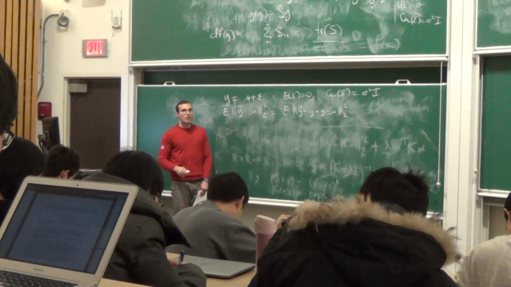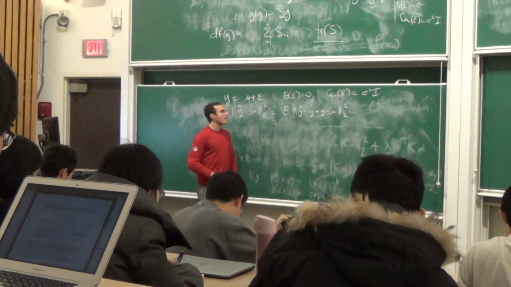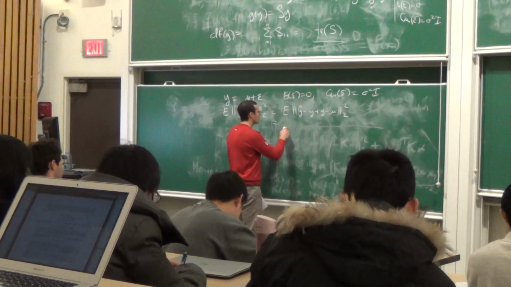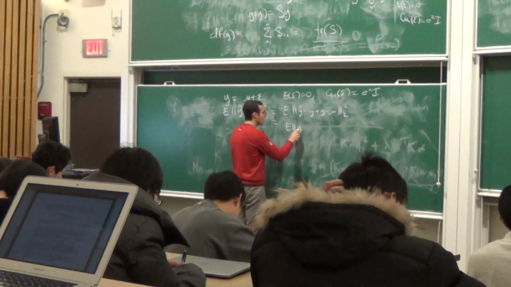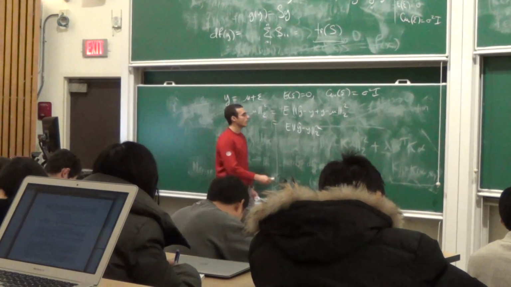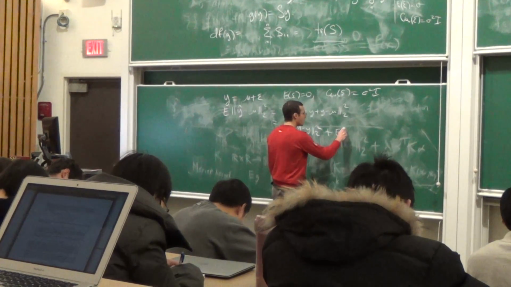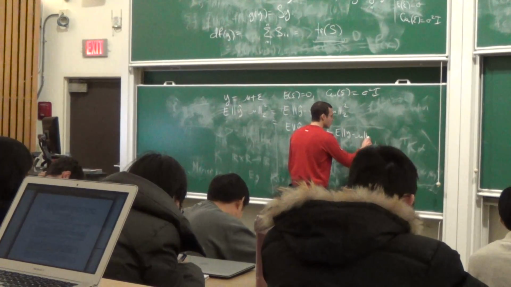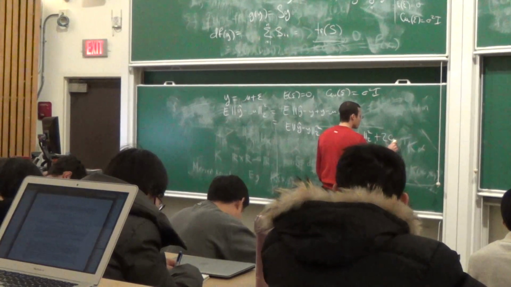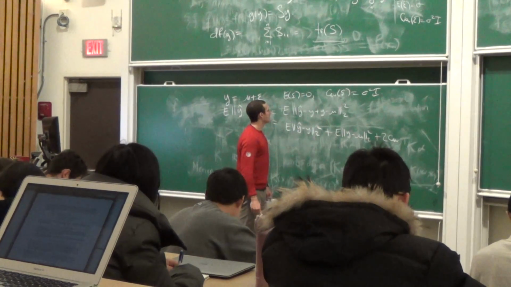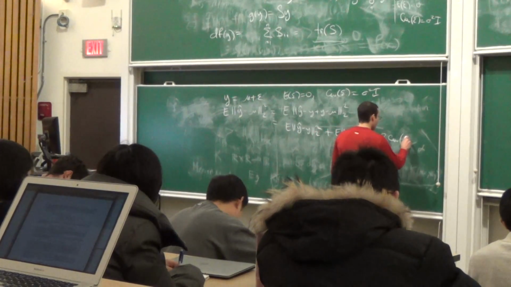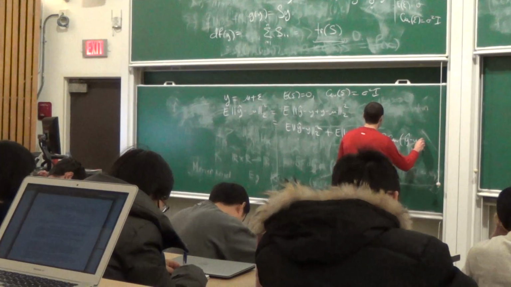I'll introduce y and subtract y. Then I get that it's the expected value of the L2 norm of y hat minus y squared, plus the expected value of the L2 norm of y minus mu squared, plus 2 times the covariance between y hat minus y and y minus mu.